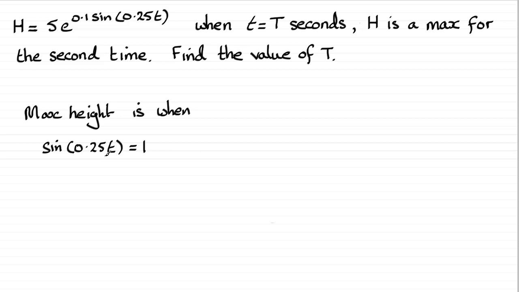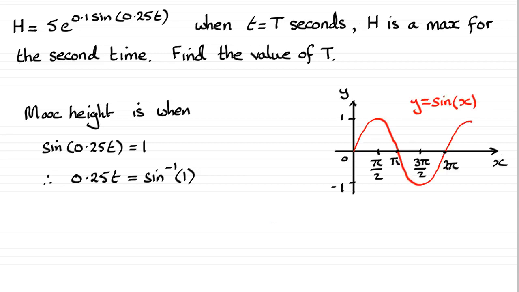We want the second solution in our series of values. So we just need to take the inverse sine of both sides. So we're left with 0.25t equals the inverse sine of 1. And we should be familiar with this result, the inverse sine of 1.